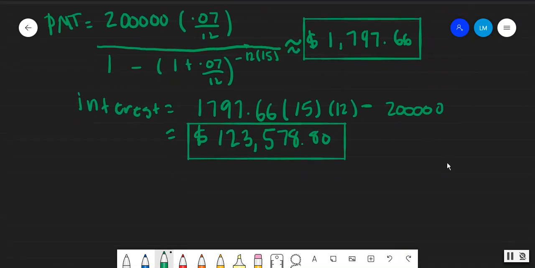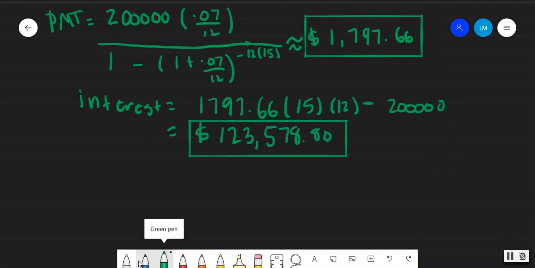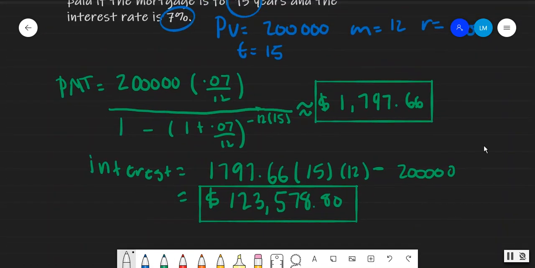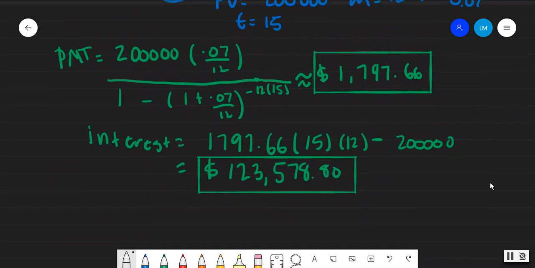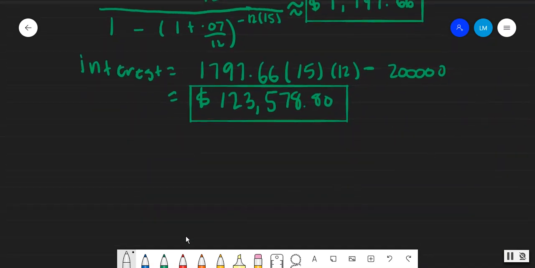Now, this answer is actually finished, but let's say you wanted to know the balance. For instance, if we wanted to look at the first two payments, we would have to figure out how much was due on the first payment and how much was due on the second payment. Interest due is like simple interest.